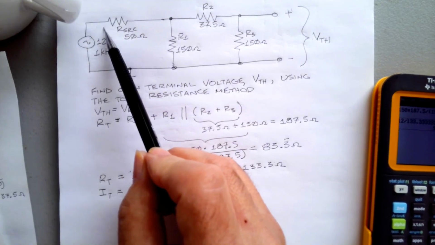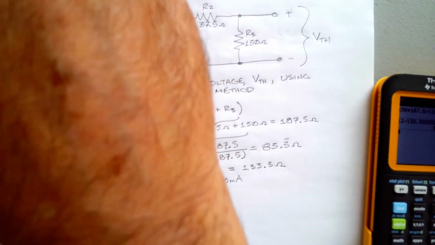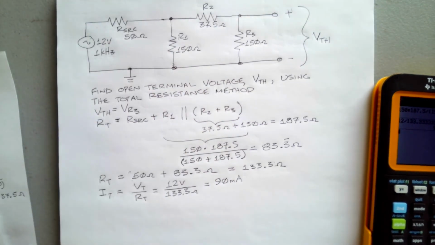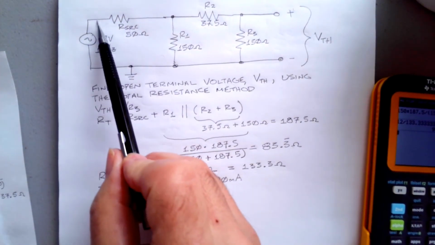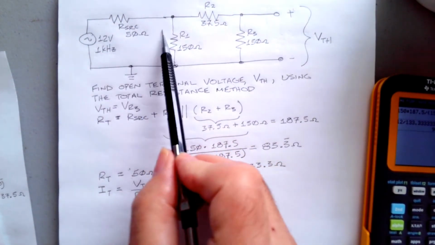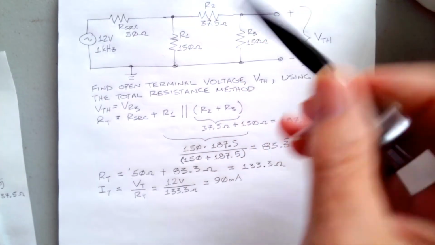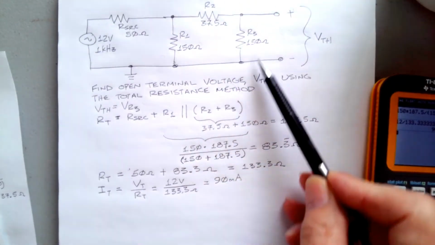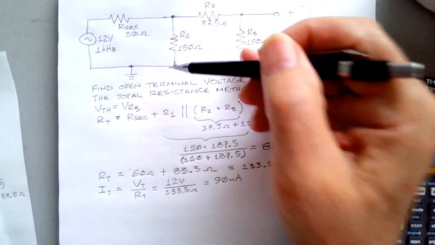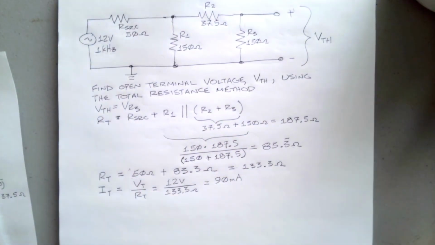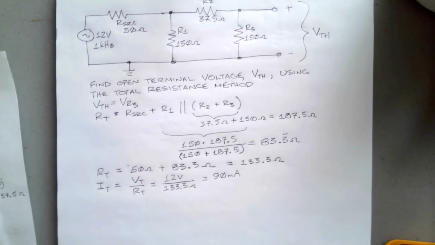We're going to lose some voltage across the source, and then we're going to have a voltage drop across this. Remember, this is like 83.3 ohms here, and that'll give us the voltage across R1. So let's take VR source and see how much we're going to lose there.